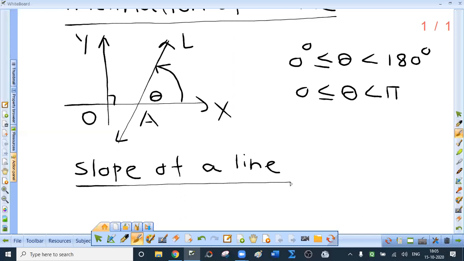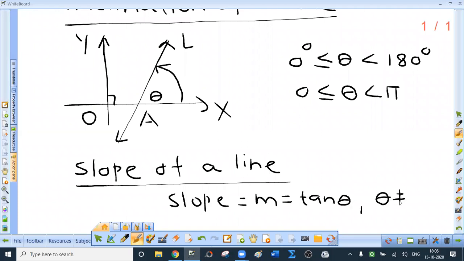Slope of a line is usually denoted by small m, right? So if theta is the inclination of a line, then slope of that line is m equal to tan theta, provided theta not equal to pi by 2. Why? Because if theta is pi by 2, tan theta is not defined. Okay, and that is why we say that y-axis has no slope.